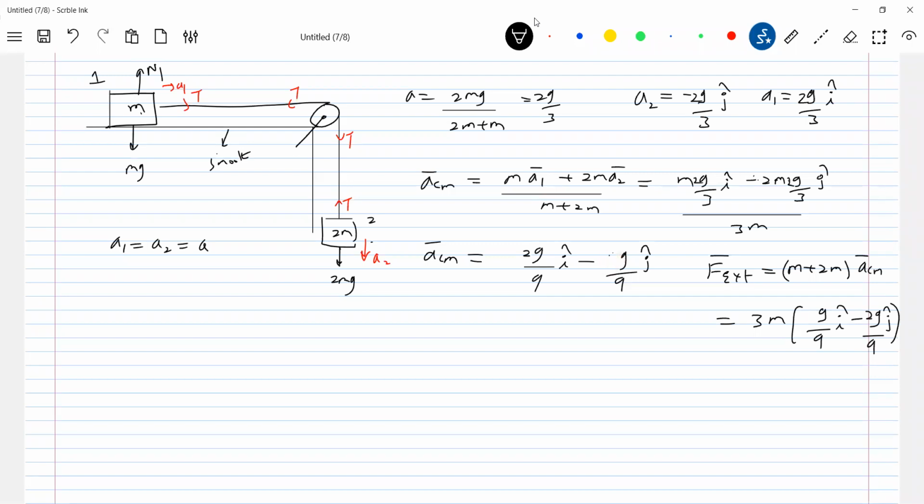And this will be 4g, it will come. 2g, this will be 4g. 1 by 3 you can take out. So mg I'll bring outside total. This will be mg, 2 by 3 i cap minus 4 by 3 j cap.